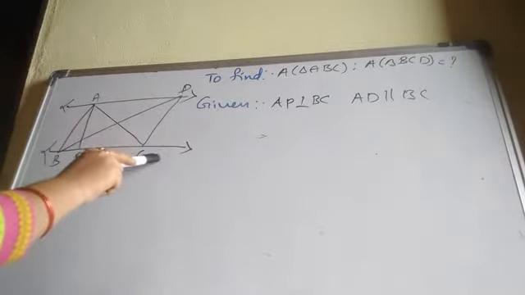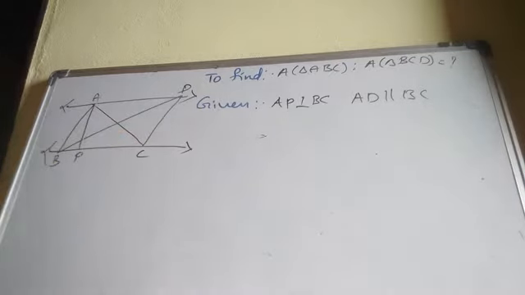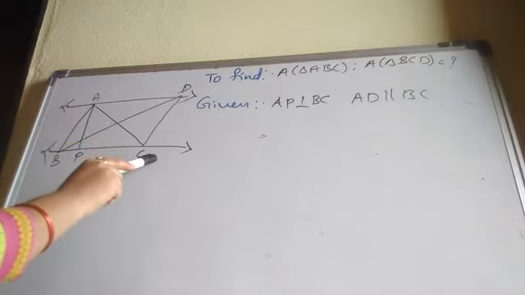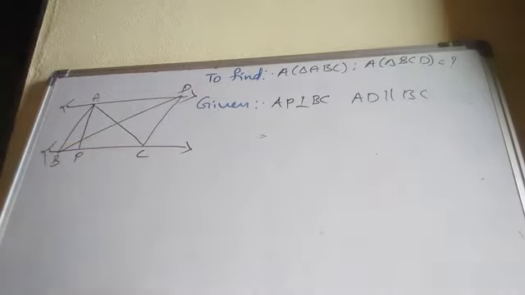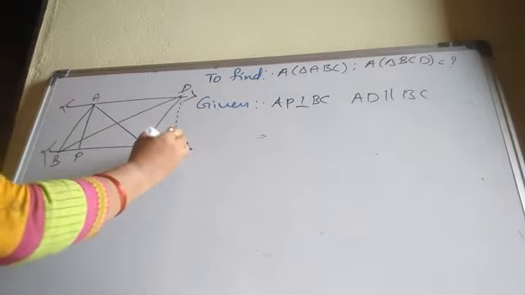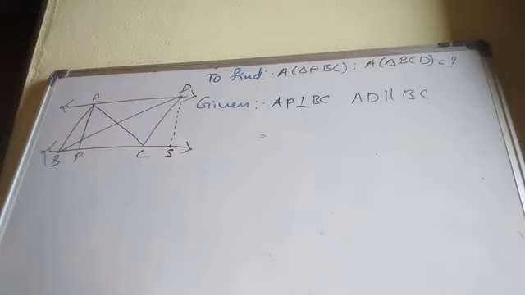And in second triangle BCD, BC will be the base, the common base. Whenever two triangles lie between two parallel lines with a common base, their heights will also be equal. You can draw the height like this and write equal heights. Then when base and heights are equal, automatically we can write their areas are equal.